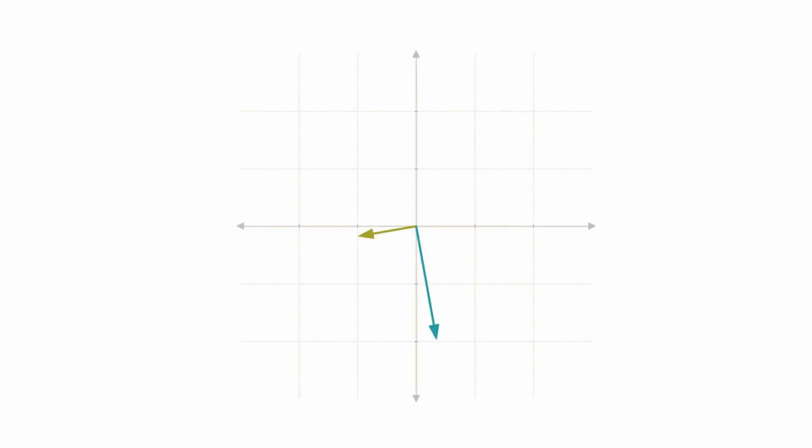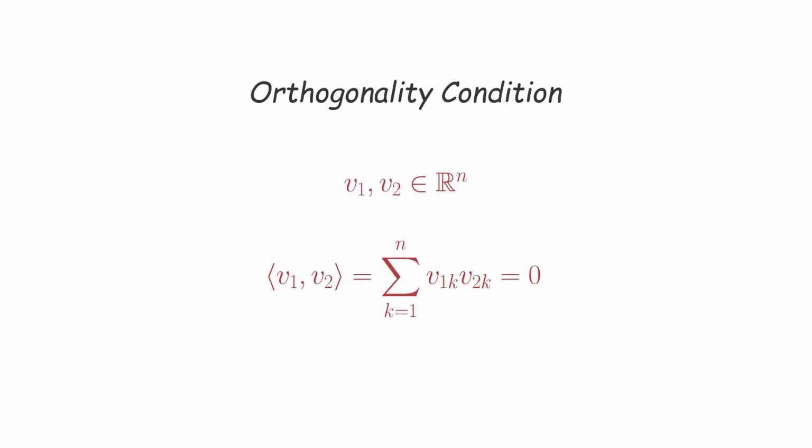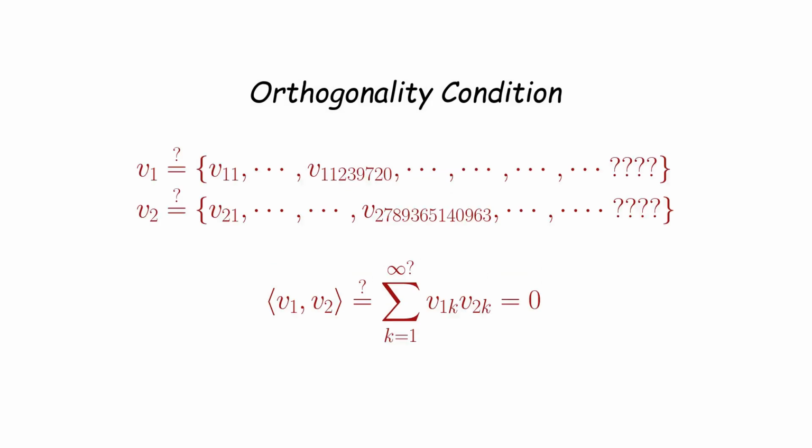This concept of orthogonality is not restricted to just 2 or 3D spaces. Although hard to visualize, it holds good for any n-D space. For any n? Can n be infinite? Yeah, why not? Then v1 and v2 would have to be infinite dimensional vectors. That's weird. What would have infinite dimensions?